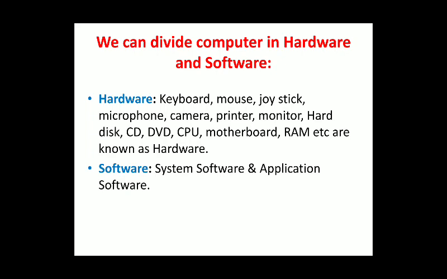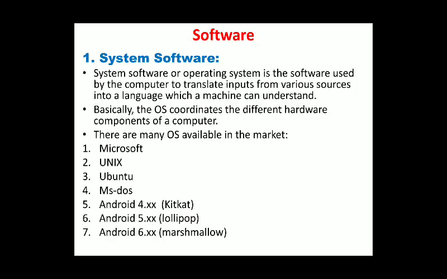That is called the software part. System software and application software are the types of software.